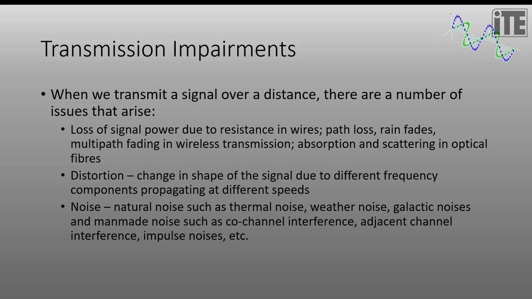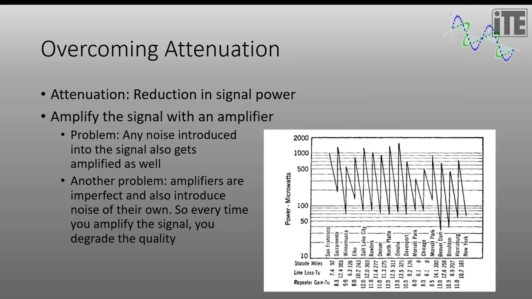Let's have a look at the first one of these, which is loss of signal power. So, to overcome a loss in signal power, we can amplify the signal with an amplifier. And this diagram here shows the power on a cable as it's transmitted across the entire United States of America. So you can see it starts in San Francisco and goes all the way to New York.